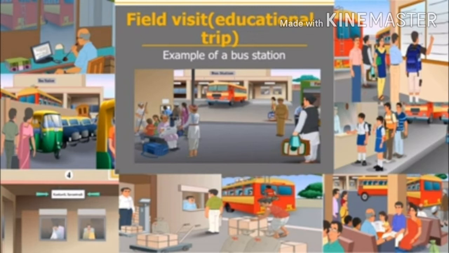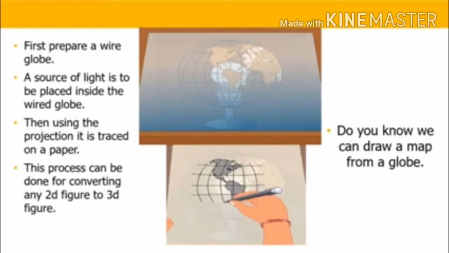Nowadays we are not going away from our house, that's why we are going to see it by images only. Visiting a bus station, we know about the arrival and departure of buses, tickets, everything in this picture.